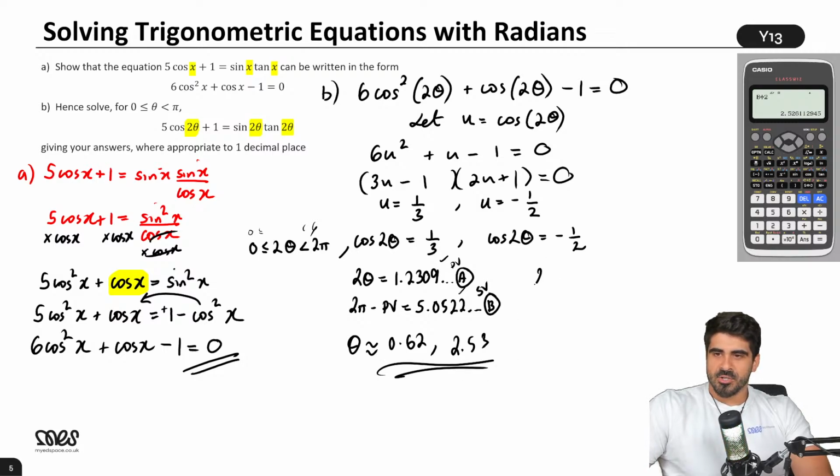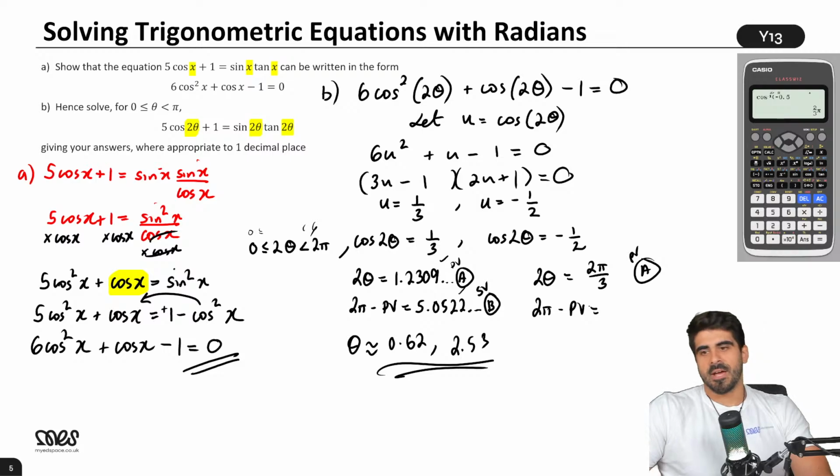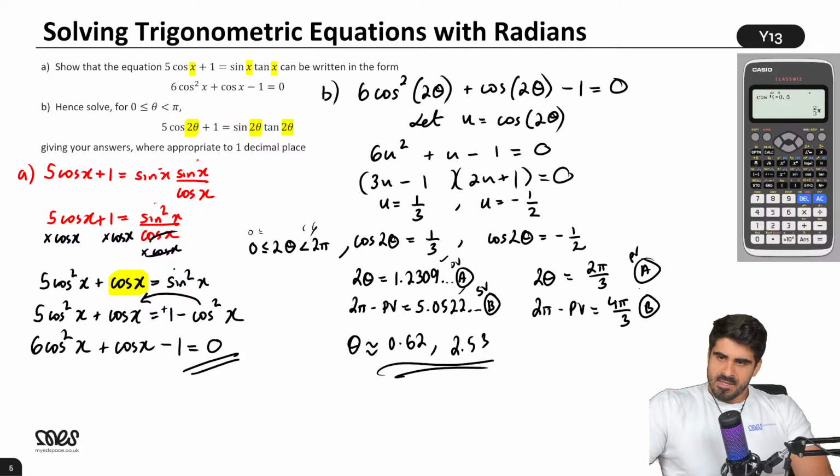All right, let's do it with the next one. This should be, I think, 2 pi over 3. So inverse cos of minus a half. At least this is a nice one. That's my primary. We do 2 pi minus that. What would that be? 4 pi over 3? And again, we're not going to add or minus 2 pi.